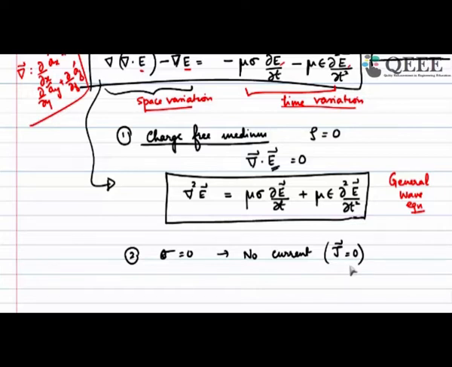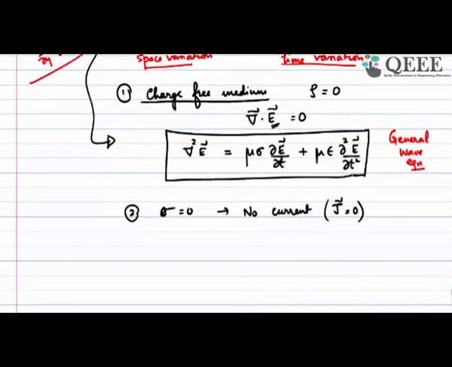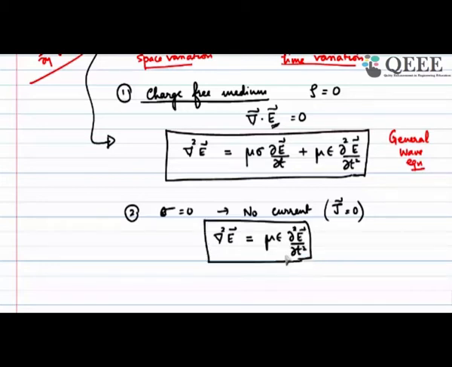This is the second condition. We will relax this condition later if we get there, but if sigma is 0, my wave equation reads this way, del square E equal to mu epsilon del square E by del t square. So this is the wave equation for a pure dielectric medium.